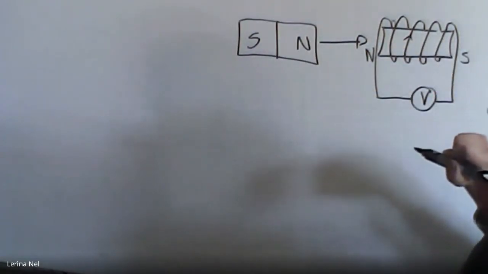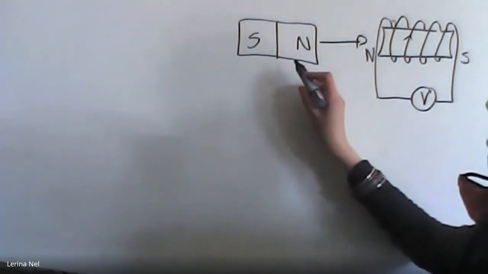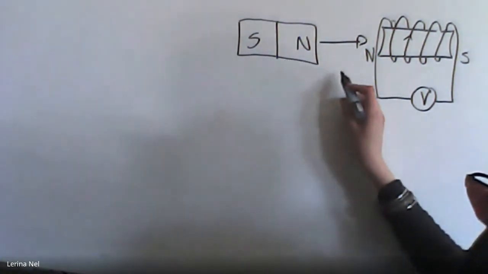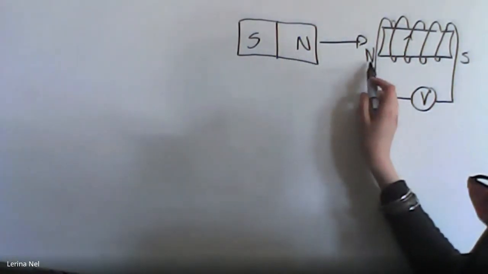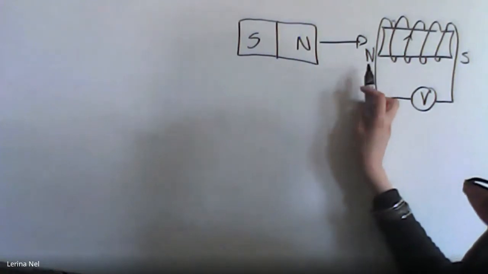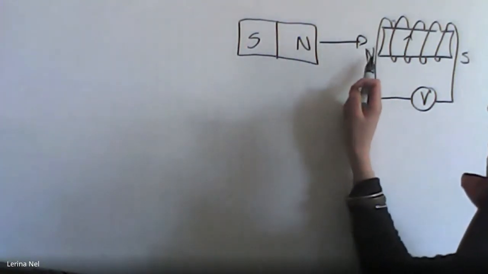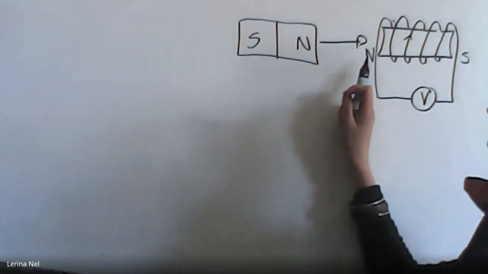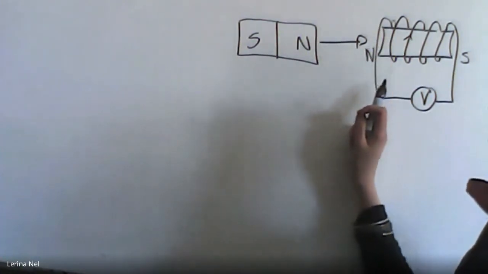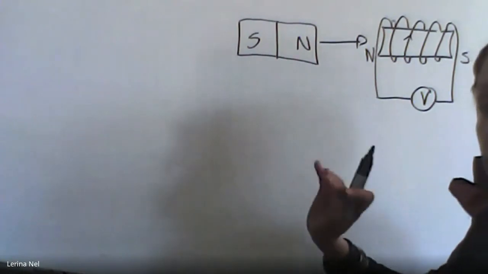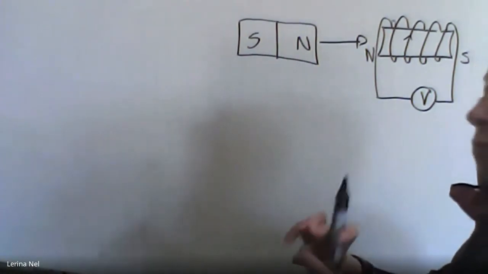That's like playing hard to get. Somebody comes close to you and you kind of want to repel them. But you don't want to be too hard to get. So the magnetic field that is induced is not enough to prevent the current from flowing. It's just a little bit of opposition, Lenz's law.